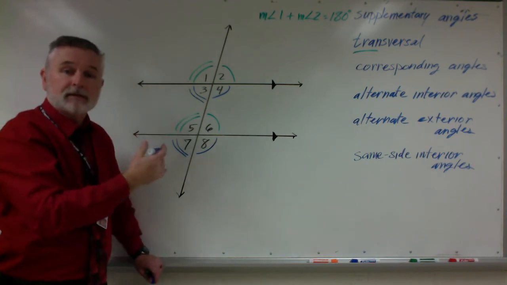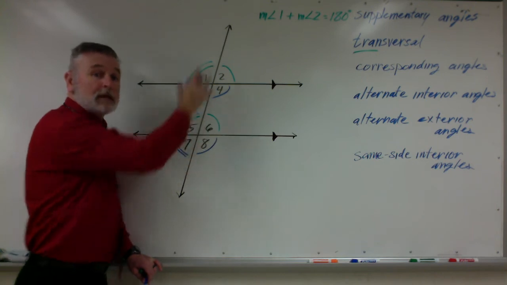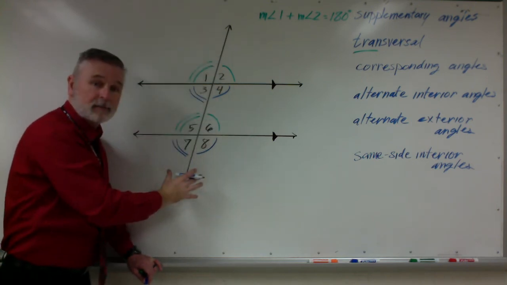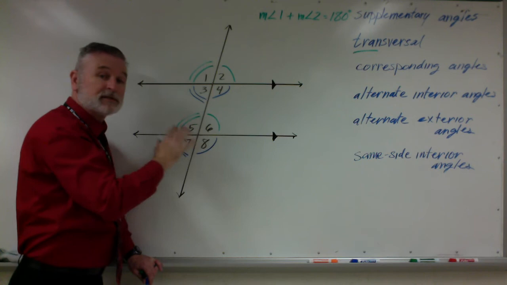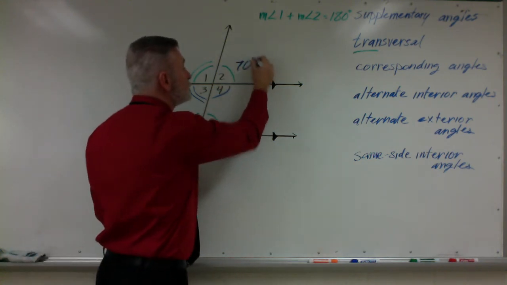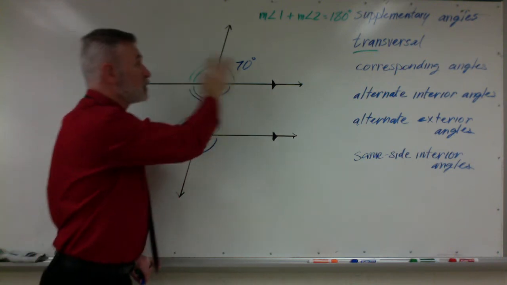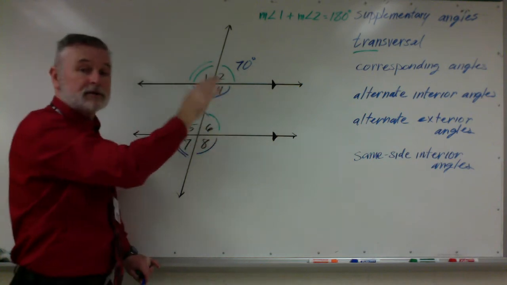Now, if you look at this, here's what the relationship the transversal takes from here into this does for us. If we know that 2 is 70 degrees, which I just made up, but it's an acute angle, you can see that it's less than 90, it's acute.